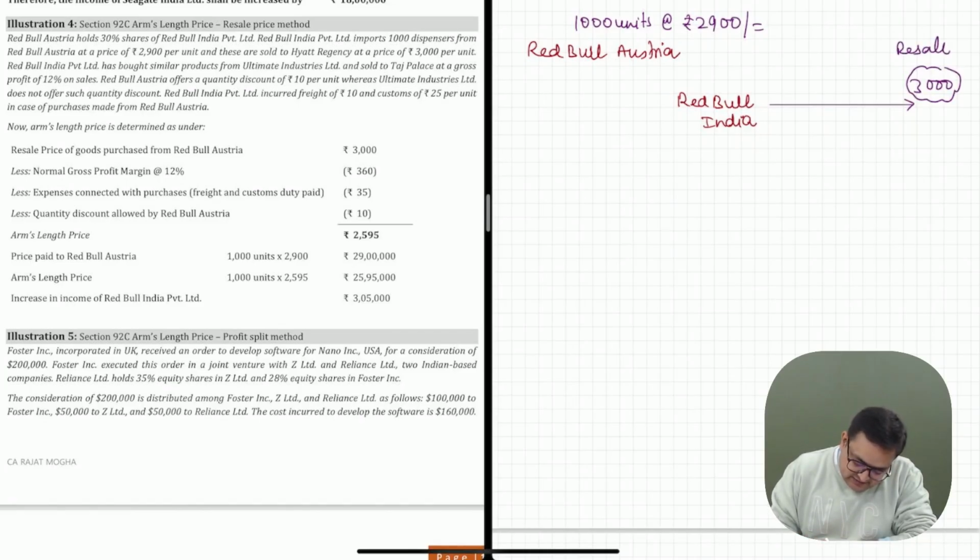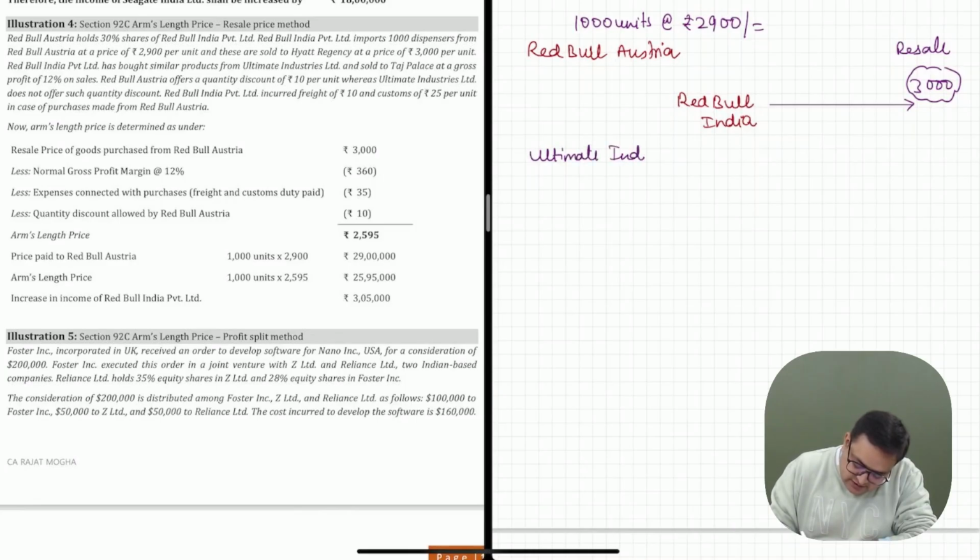What else is given over here? Red Bull India Private Limited has bought similar products from Ultimate Industries also and sold to Taj Palace at a gross profit of 12% on the sales. So Red Bull India also purchases it from Ultimate Industries.